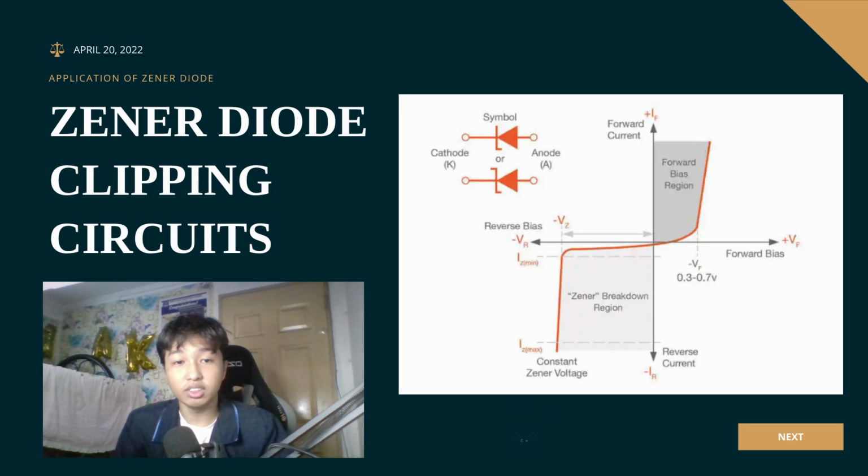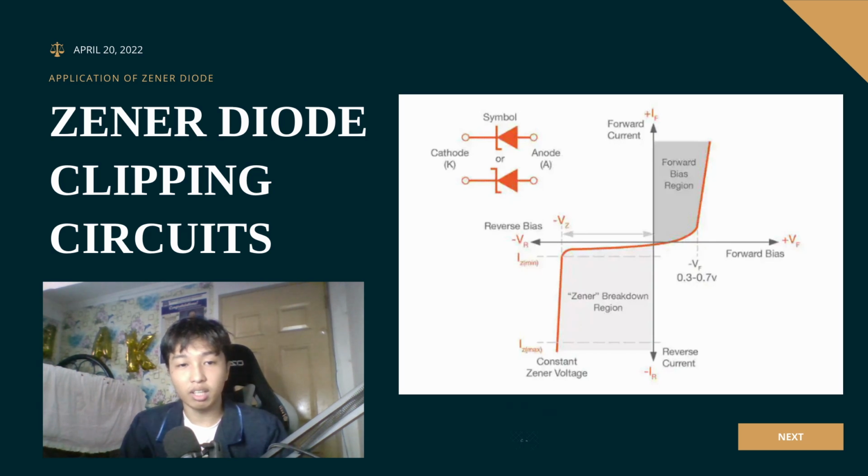A clipping circuit, sometimes known as a clipper, is a device that clips the input voltage so that it does not exceed a predetermined value. This gadget cuts off the positive or negative peak value of a cycle. An ideal diode and a resistor are the two most fundamental components needed for a clipping circuit.